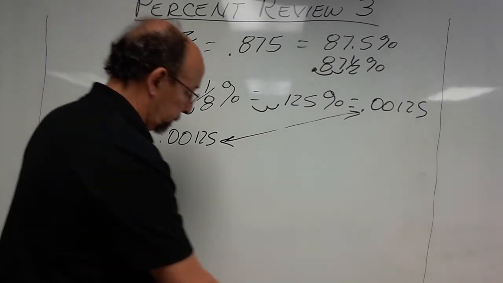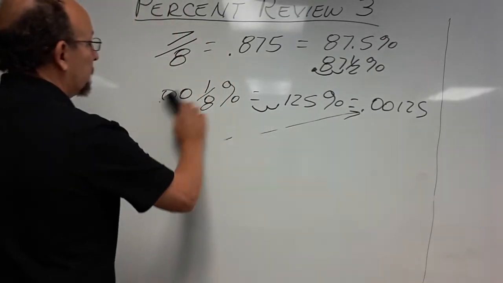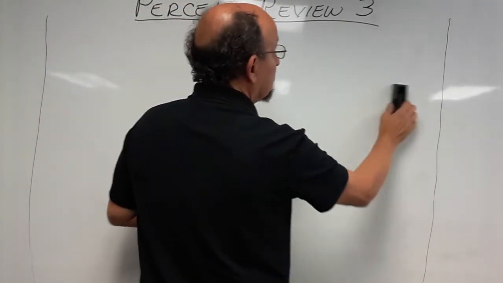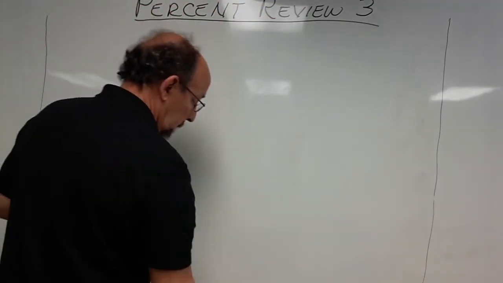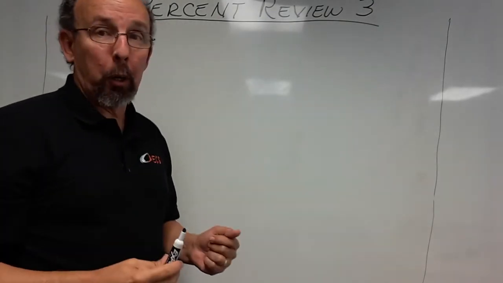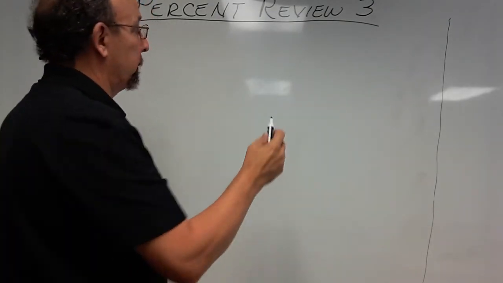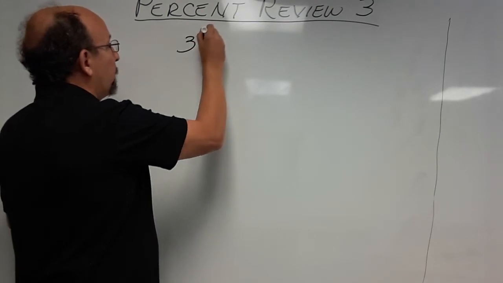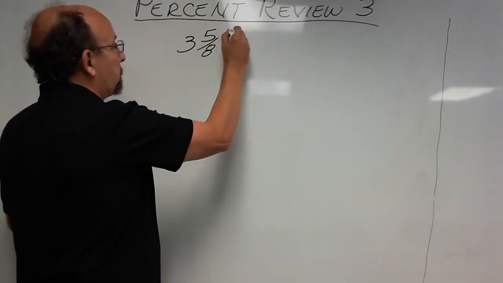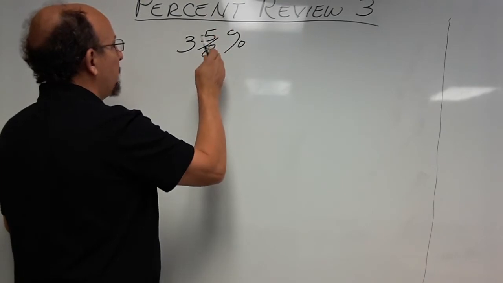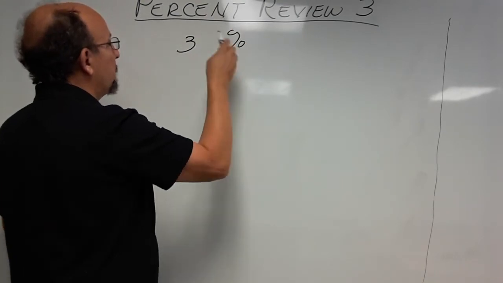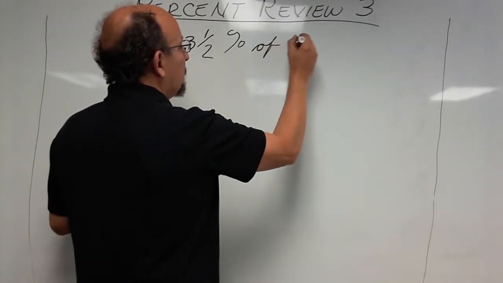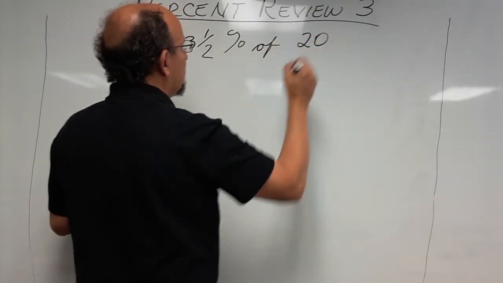All right. Now, finding the percent of a number. Let's review that quickly. Say I have 3 5/8%. We'll make it 3.5 to make it a little bit simpler. 3.5% of 20.